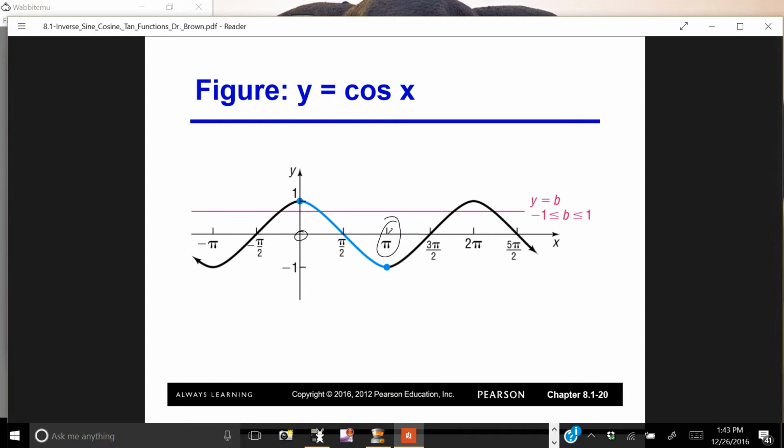And so if you look at the blue function here, it passes the horizontal line test if you just look at it between 0 and pi. And then imagine taking the inverse function and replacing y with x and x with y.